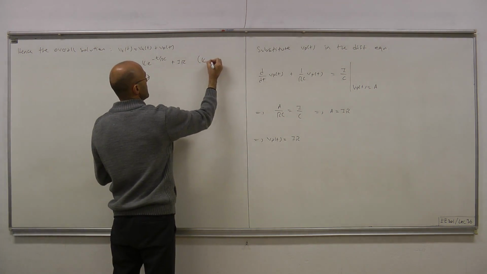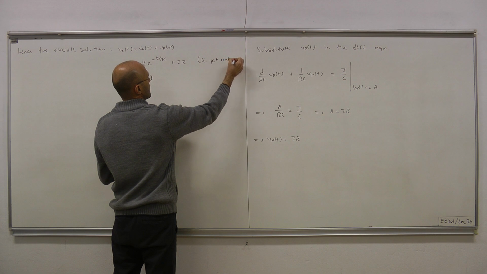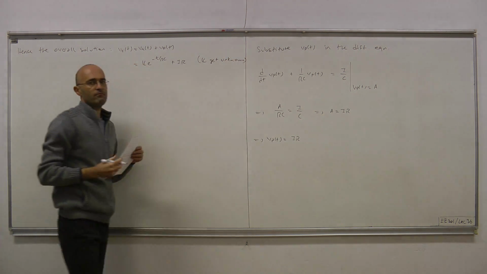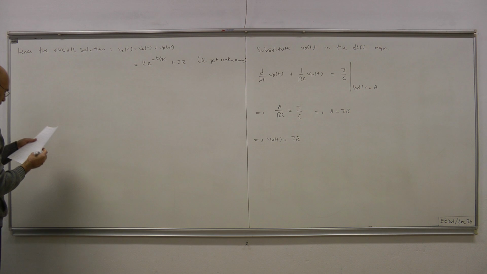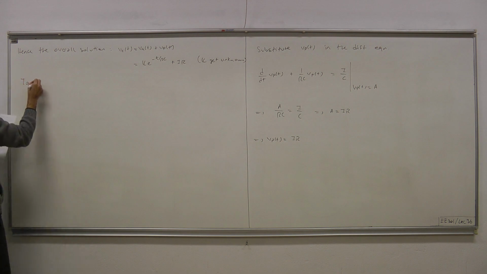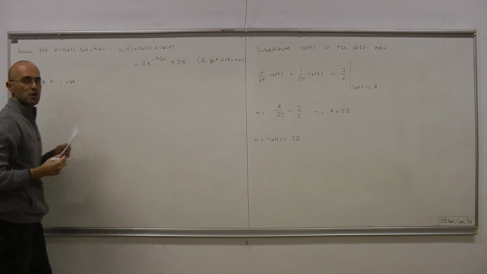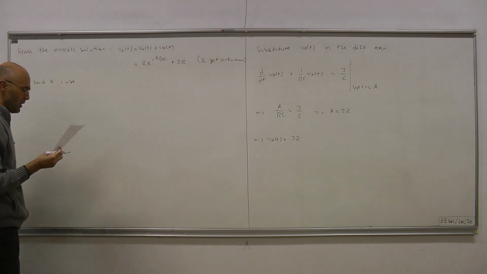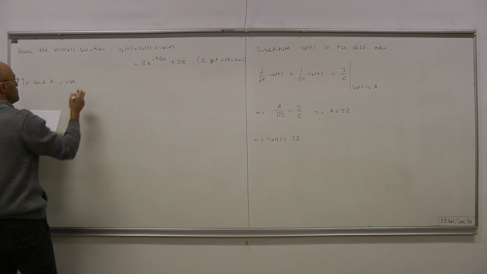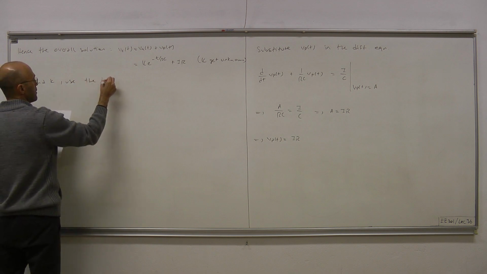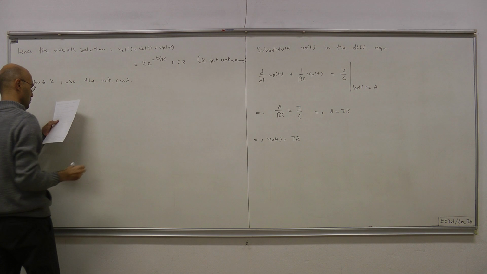At this point, K is unknown. To find K, we use something that we haven't used so far, that is the initial condition constraint.